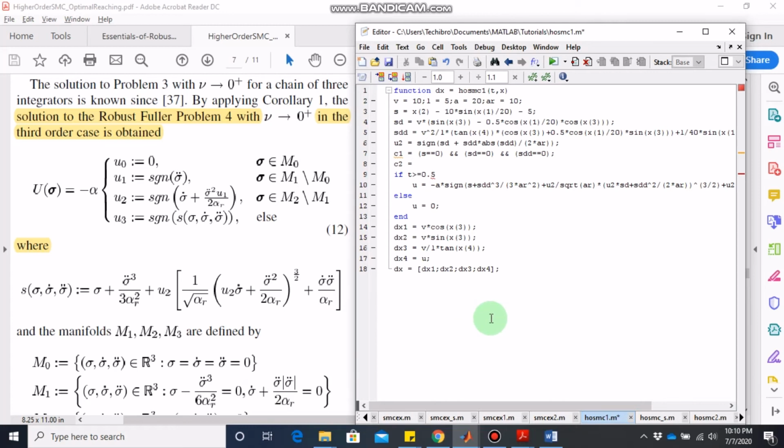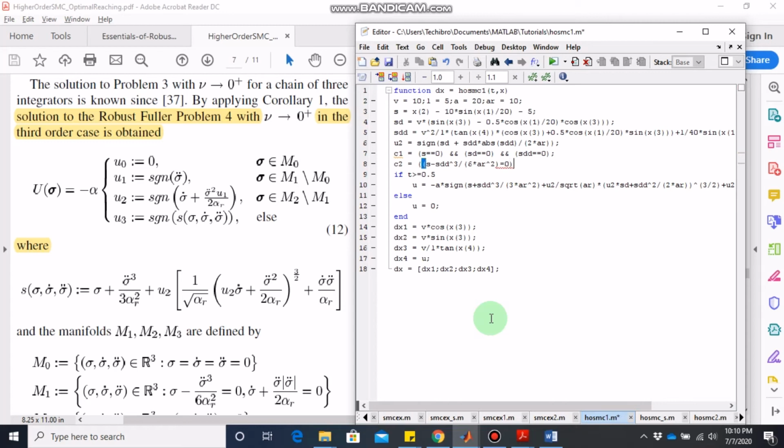The first condition is s minus sdd whole cube divided by 6 times alpha r square, and this is equal to 0.